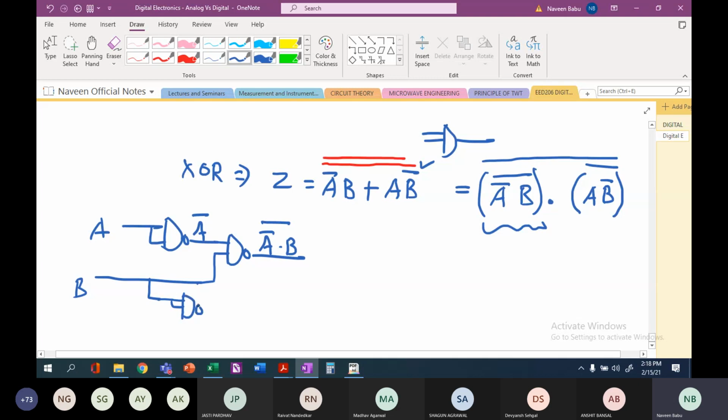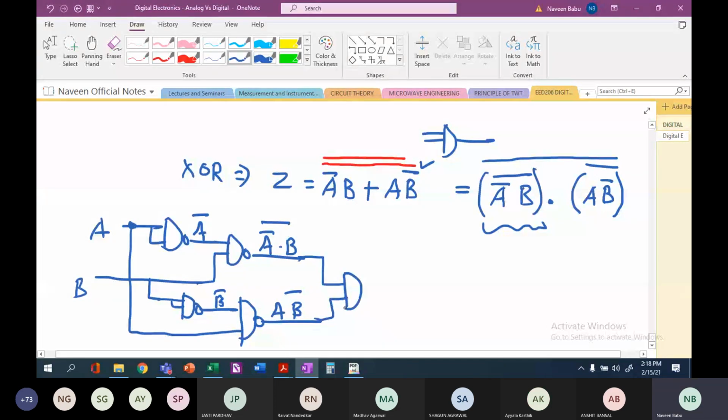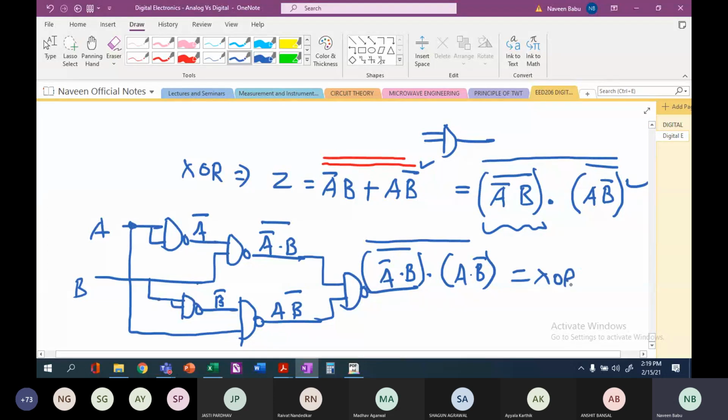So this will become B bar, and I want A here. So this becomes A B bar. Okay. And then the NAND of this will become A bar B the whole bar and A dot B bar the whole bar, which is nothing but the given expression, and which is nothing but the XOR value.